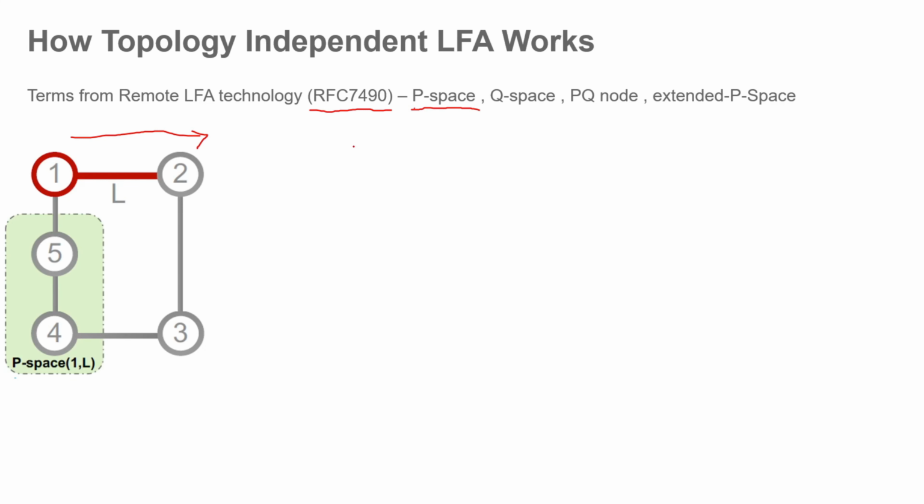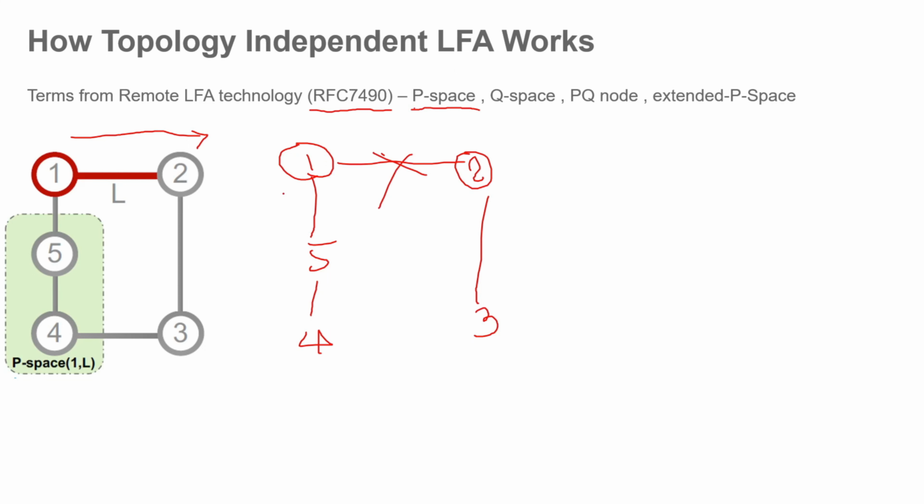So if we run the SPF, let's say this is the SPF graph for router 1. If we remove this link, the router can only reach R5 and R4. So this will become the P space for R1.